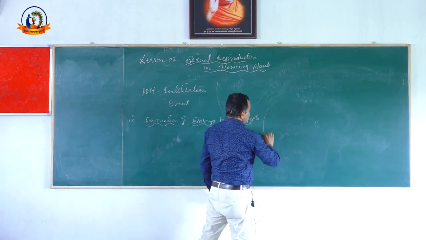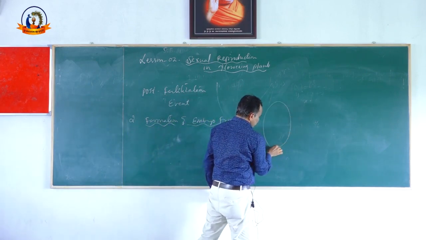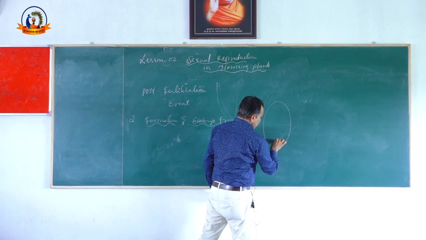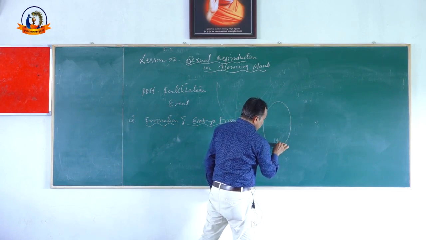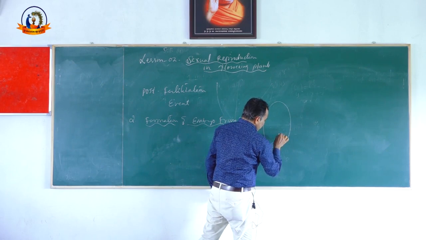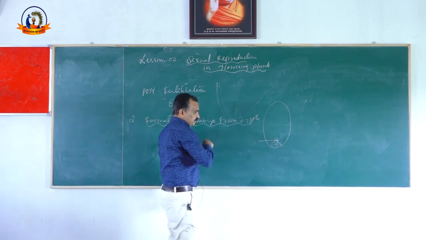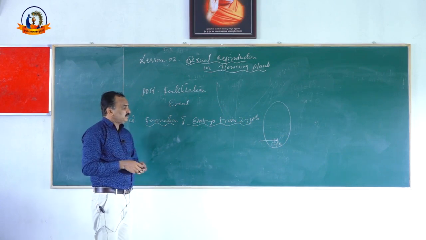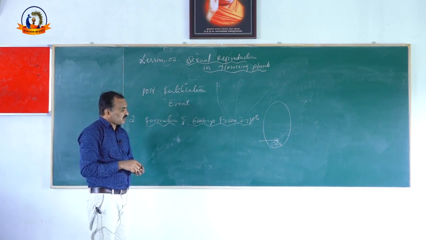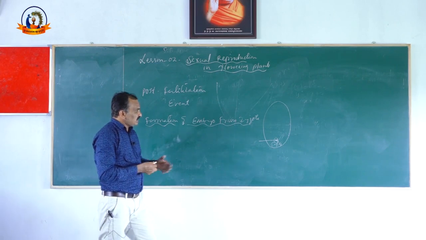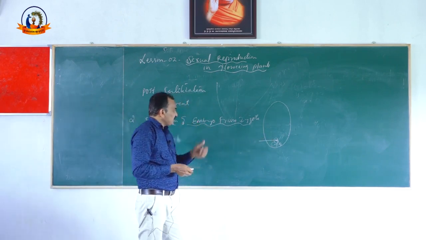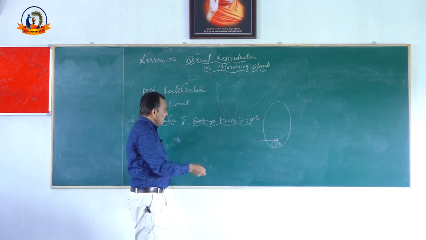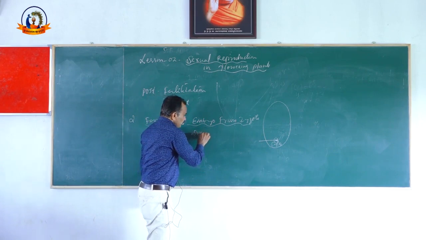You know this diagram. This is the zygote. After fertilization, the egg develops into zygote. The zygote is diploid. From this zygote, embryo is developed by repeated division.